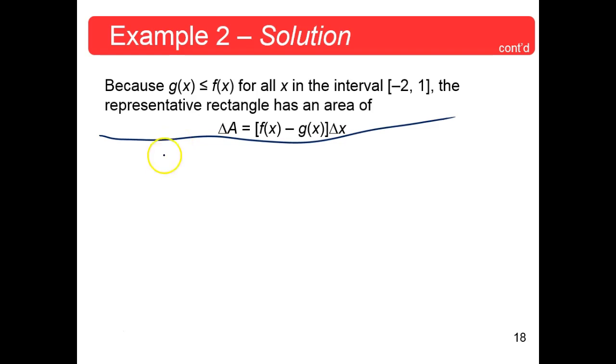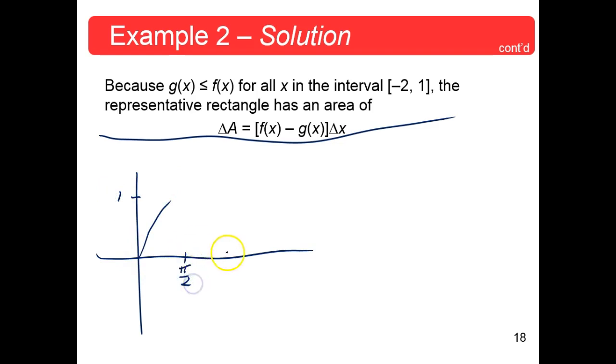I don't want to hold the thing up there, so I'm going to try my best to draw this region. Okay? The sine function goes up like this. This goes to 1. We'll do pi halves here and pi there.